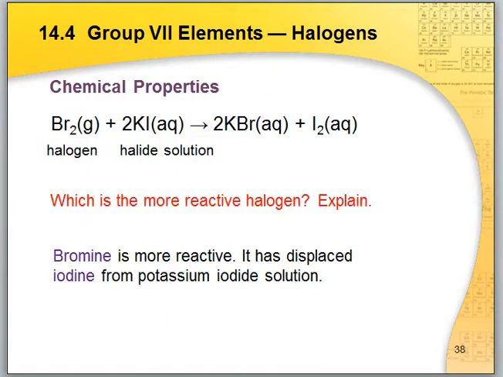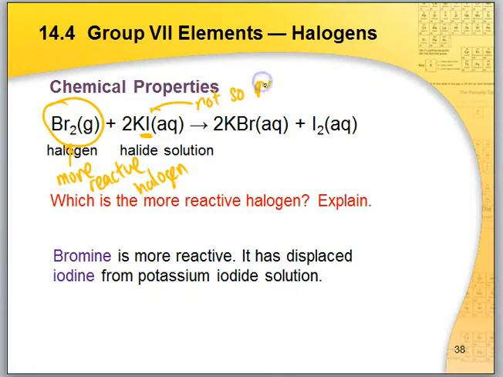Now you can look at this reaction, it has taken place. Using the same analogy, you realize what is happening. Bromine is the more reactive halogen, and definitely iodine is the not so reactive halogen. That is why bromine has displaced iodine to form a compound with potassium, and iodine is now left alone.